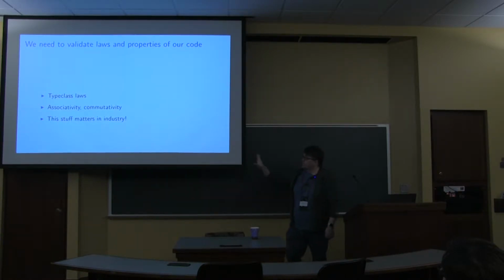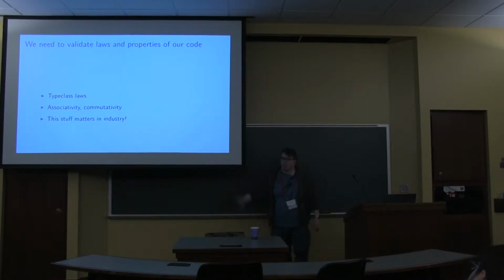So a lot of people will think of property testing as just being about typeclass laws. Don't think of it that narrowly. It has much broader applications than that. Associativity, commutativity. Who's worked on a streaming, event processing or data system? I worked in ad tech for a couple times, so yeah. All right, so why might commutativity be useful in that kind of context?